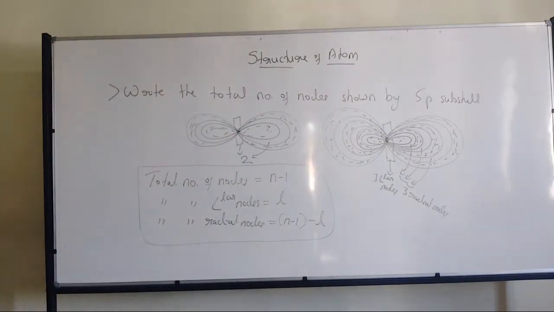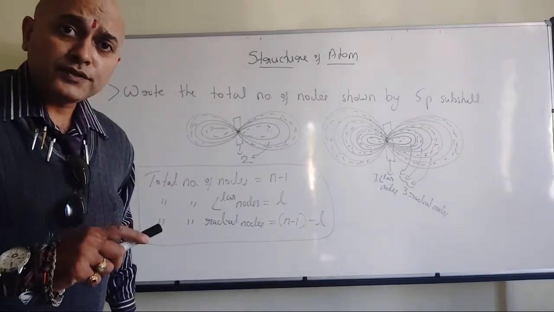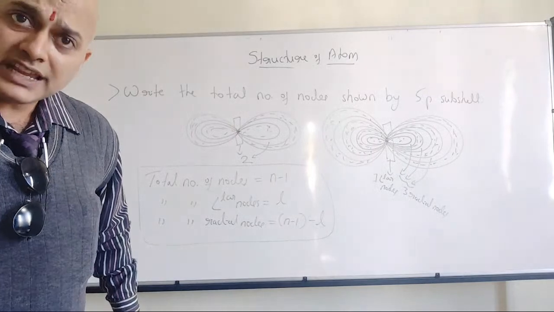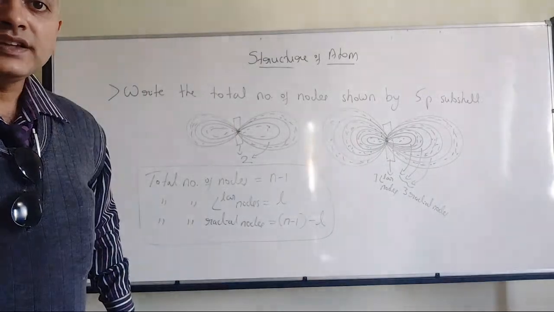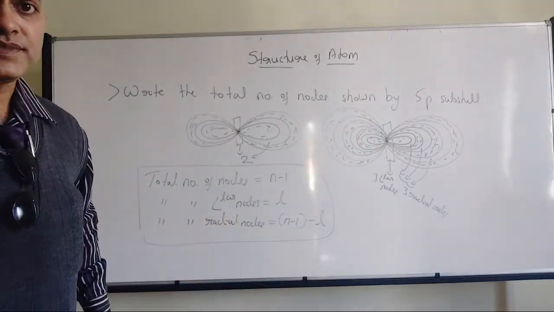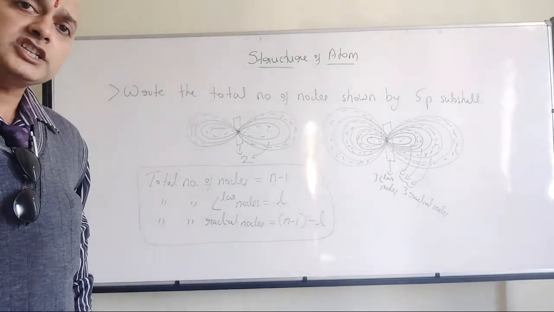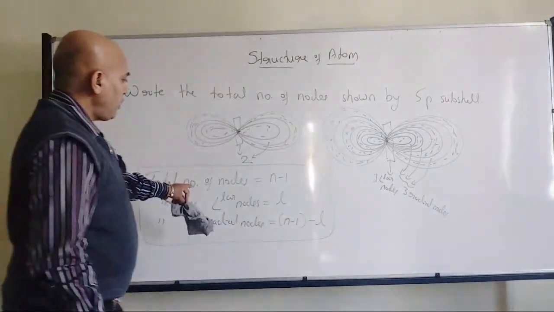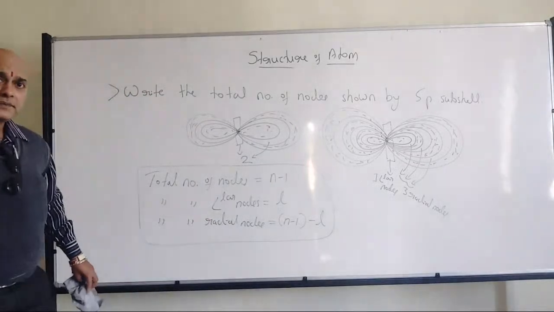Why n minus 1? Because total number of nodes is n minus 1. Then why minus l? That is because of angular nodes. So total number of nodes minus angular nodes should give the radial nodes, right? So that's why this is the one. All of you have understood? Please remember these formulas.